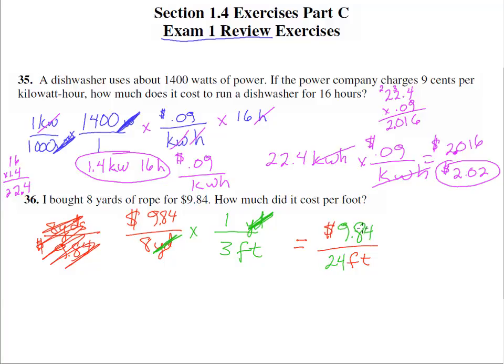We're paying $9.84 for 24 feet, or 8 yards of rope. Now we need to actually do this division to find out how much it costs per foot. So 984 divided by 24. Oh, this might be a little tricky, but we can do it. 24 going into 9? It does not. 24 goes into 98?